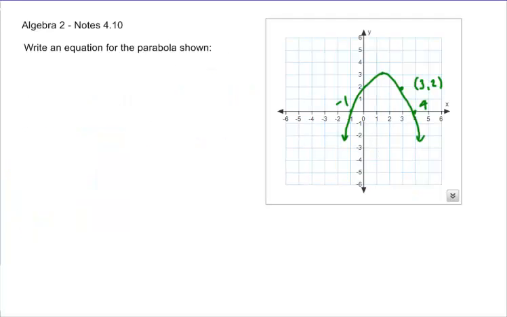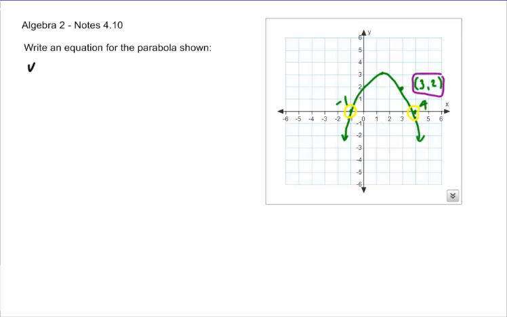All right, so on this problem, what we want to do is write an equation for a parabola, but for this parabola, we're going to have x-intercepts at -1 and 4, and then some point on the parabola of (3, 2). Well, on the previous problem, we used vertex form because that was perfect.